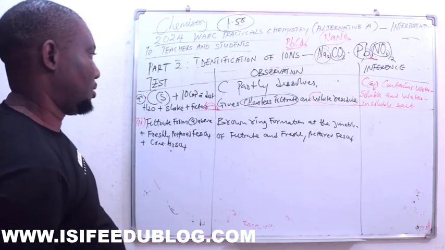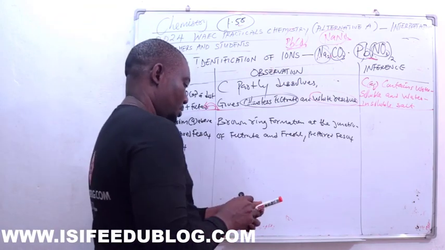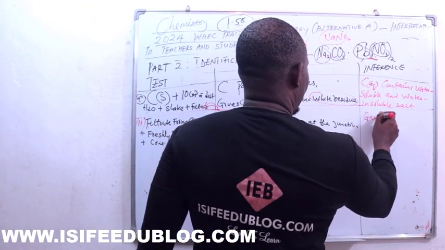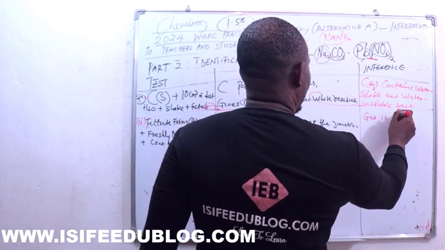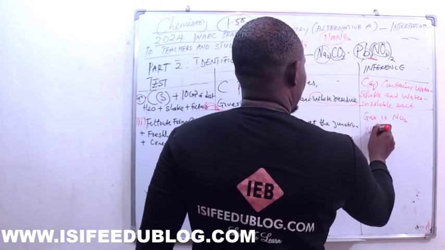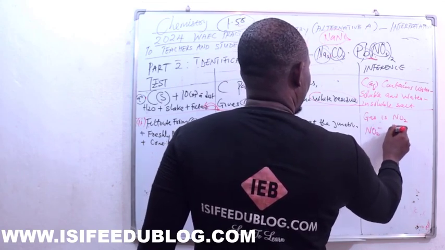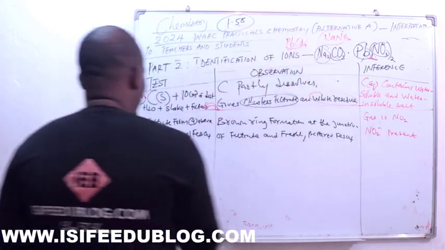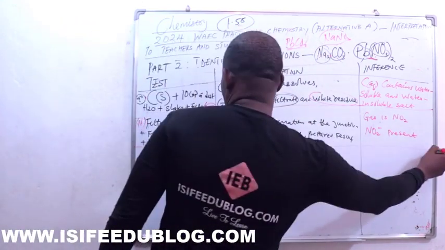Okay, these are the points where you now have to write the inference. The inference should be that the brown gas is NO2, so NO2 minus is present. Okay, that is for the test.